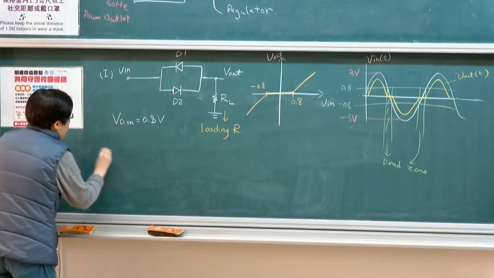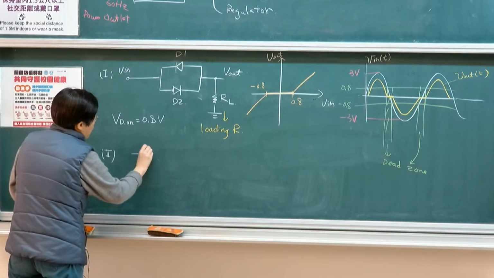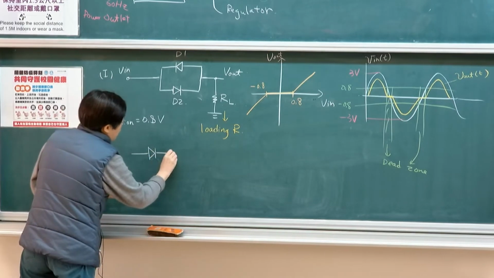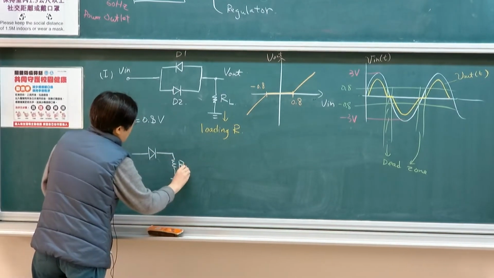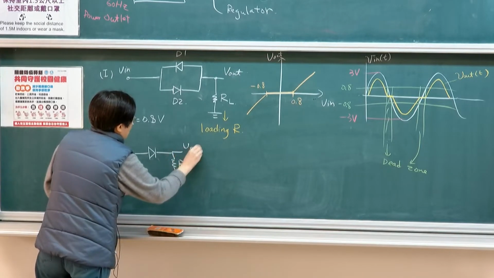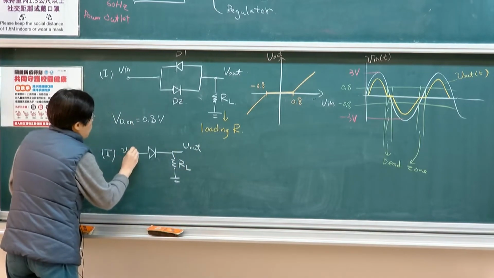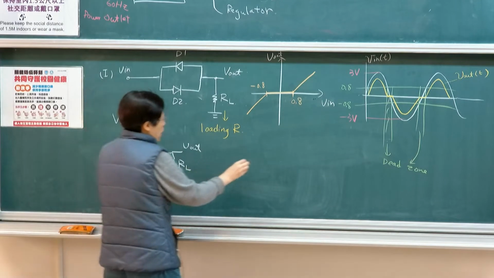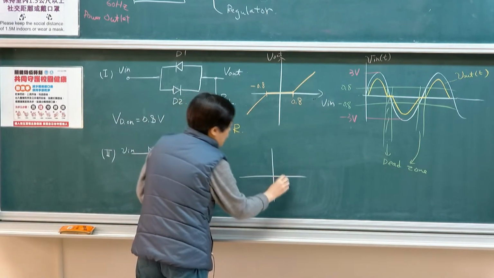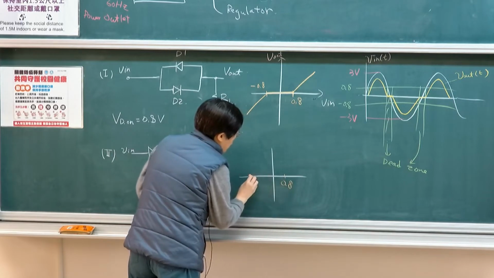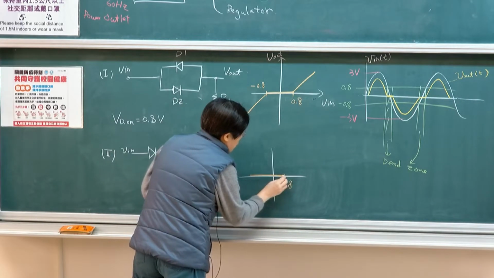Okay, the next type of circuit we already talked about is where you only have half of the circuit, something like this. You're only limited in one direction. This is the rectifying circuit characteristic. You should be able to plot the same thing. It will look something like this, 0.8, and it will be dead.